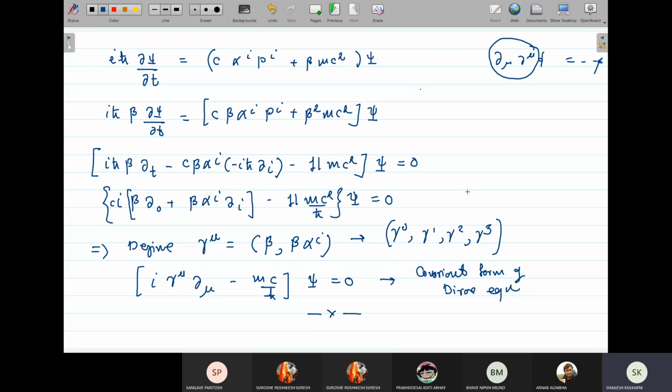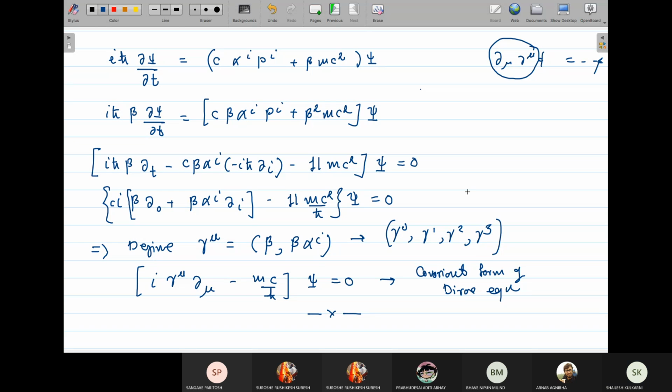That forced those anti-commutation relations, which together with Hermiticity lead us to conclude that the minimum size of those matrices should be 4.